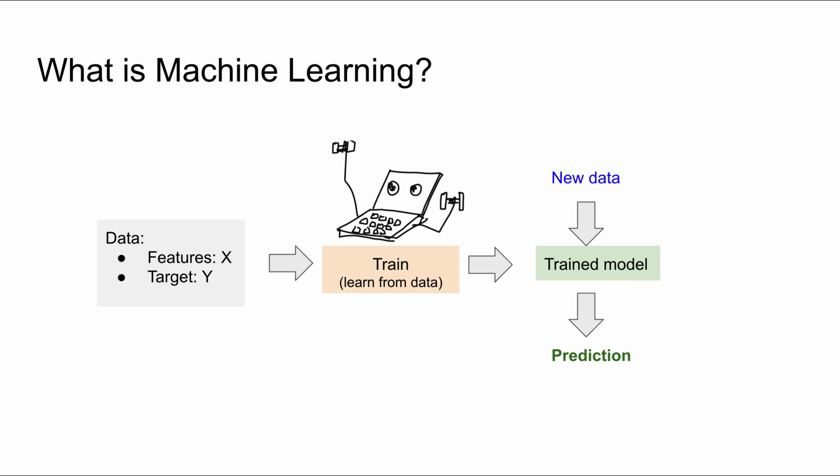If you look at this flowchart, you have the data that comes in, at least in case of supervised learning. You'll have the features X and target Y. What I mean by features is, let's say you're trying to predict rainfall, then the geographical location could be one feature, time of year could be another feature, and the target could be the amount of rainfall in that particular location.